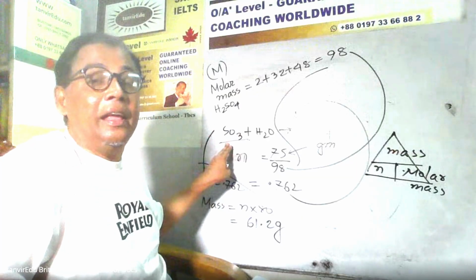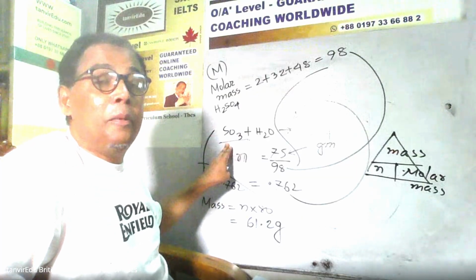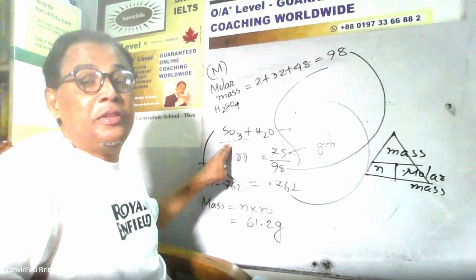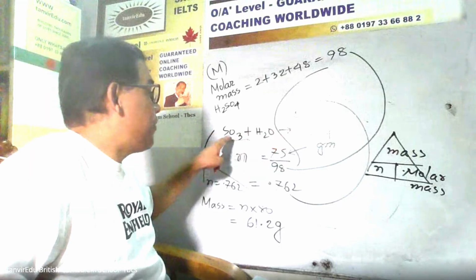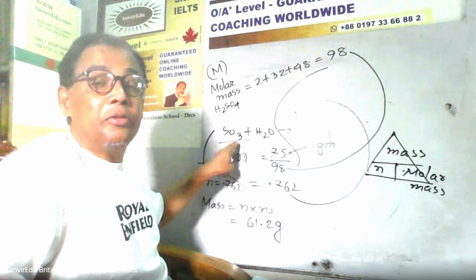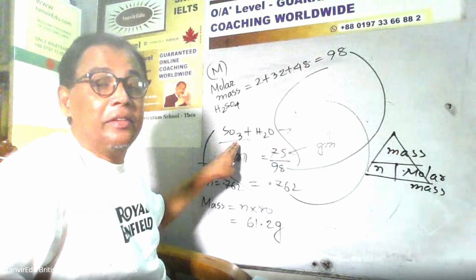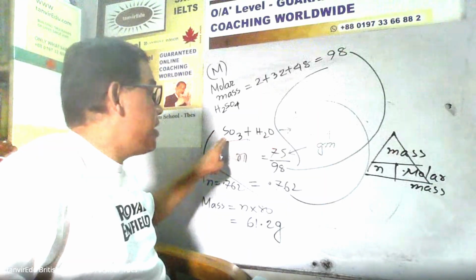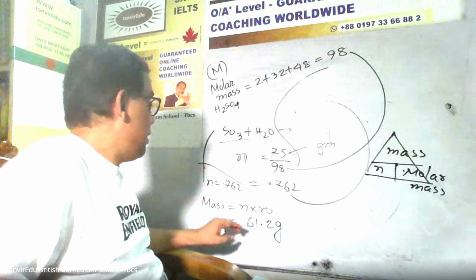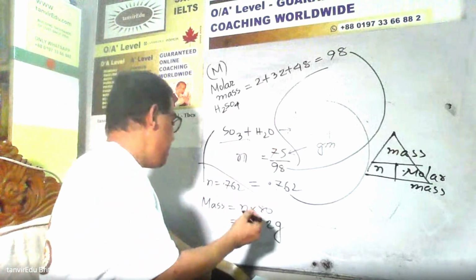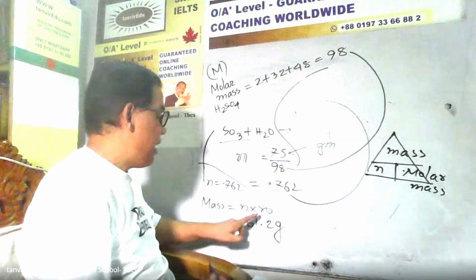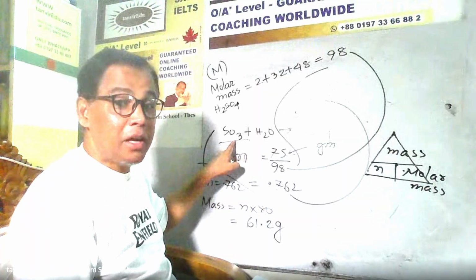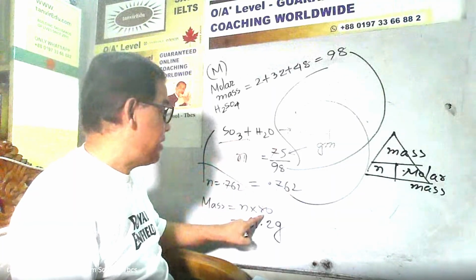Again, what is the molar mass of sulfur trioxide? Just go to the periodic table. Sulfur is 32 and 3 oxygen is 48. 16 threes are 48. So 32 plus 48, you will get 80. Molar mass of sulfur trioxide is 80.